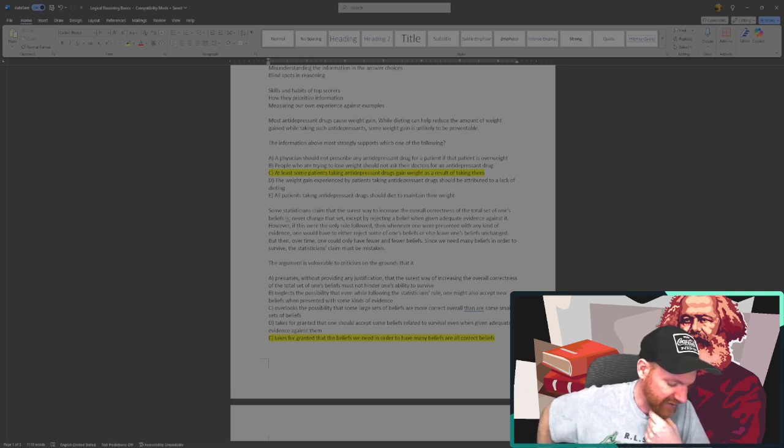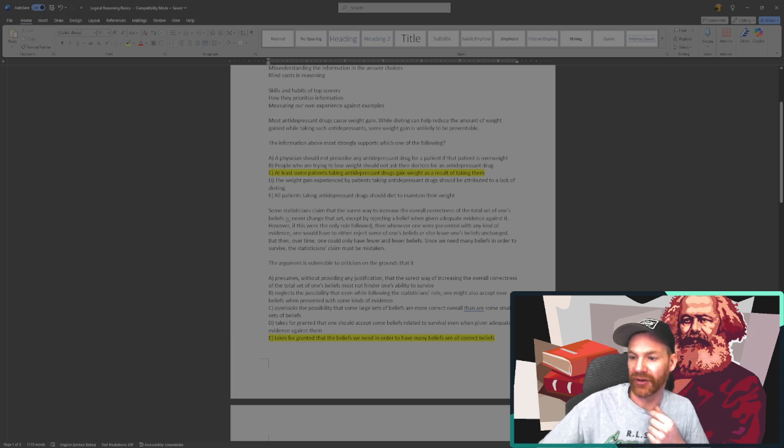He's not saying the beliefs we need must be correct. And I think that I applied my own incorrect reasoning to that. So A is the only possibility. Time to take a careful look. So A, and we'll mark that in a different color.